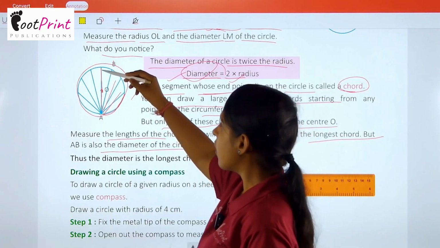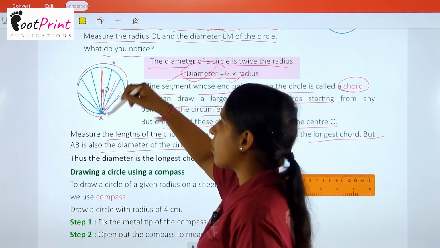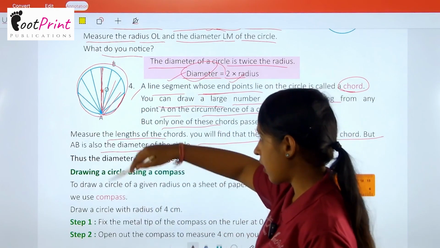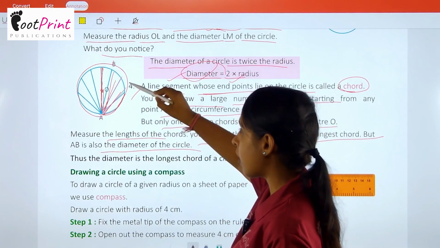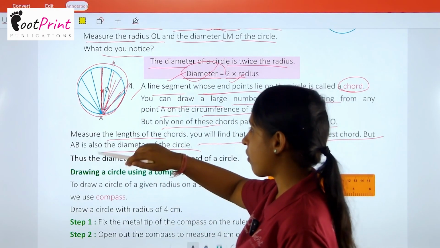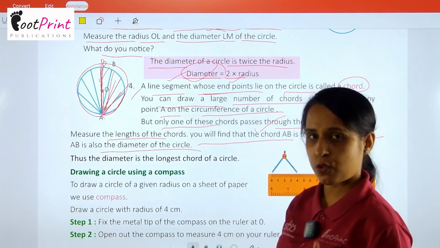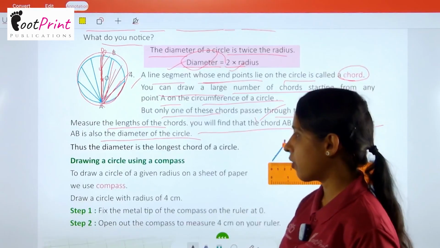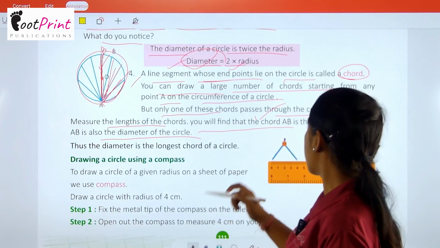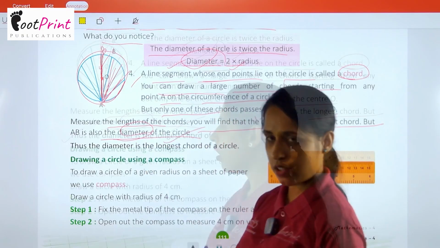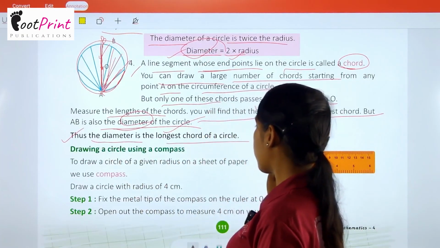So here we can observe that the chord passes through the center. When we measure all the line segments, we observe that the longest chord is AB, which passes through the center. So we can say that AB is also the diameter of the circle. Thus the diameter is the longest chord of a circle.